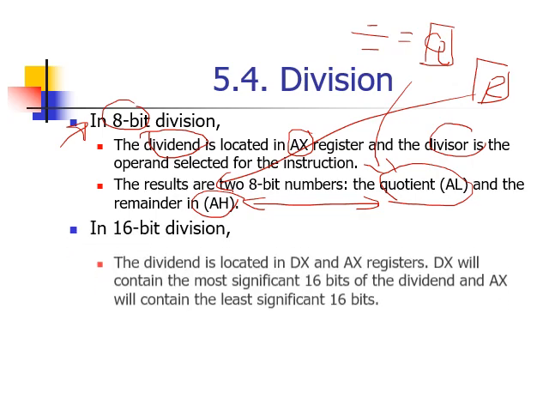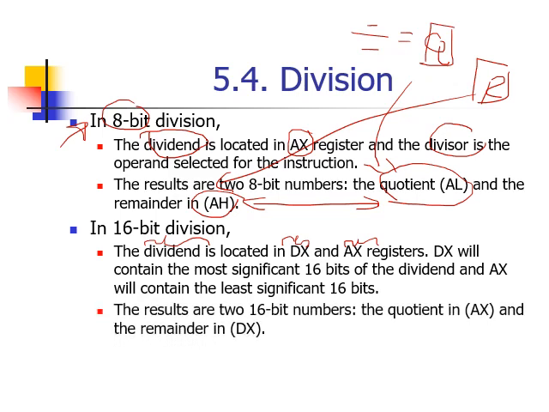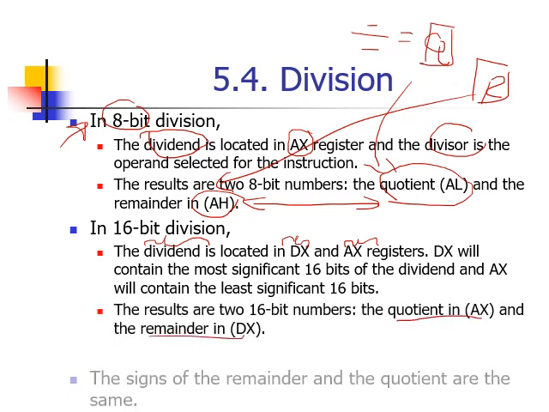In 16-bit division, the dividend is converted to 32 bits, located in the most significant 16 and least significant 16 bits. The result will be, again, quotient and remainder: quotient in AX, remainder in DX.